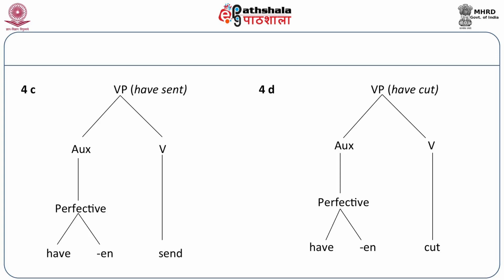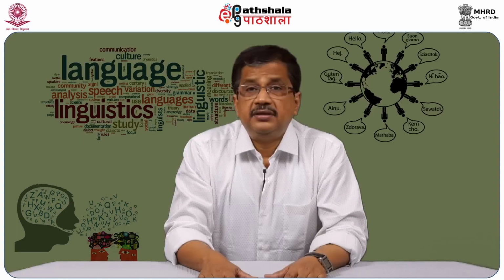You can see that in have cut, the affix that is added to cut is actually a zero affix, zero morpheme. So here, even if we assume that en is the perfective suffix, it doesn't become cutten, but it becomes cut.